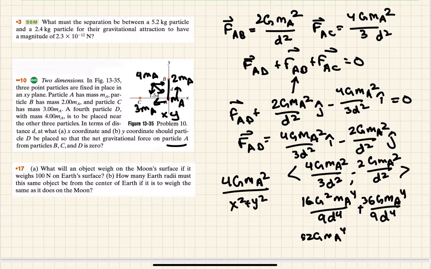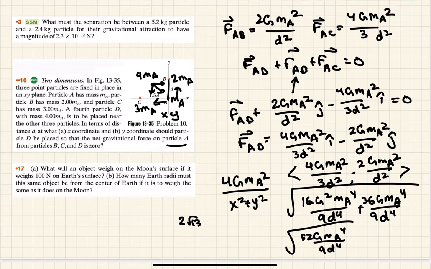And so together that's 52g ma to the power 4 over 9d to the power 4, and we have to square root that. Square root of 52 is 2 root 13. So that times gma to the power of 2 over 3d squared. What does that tell us?